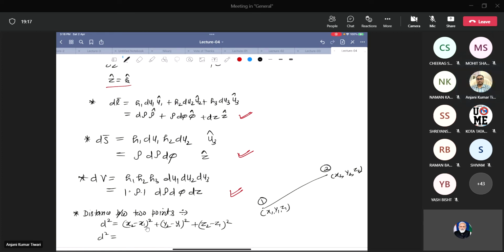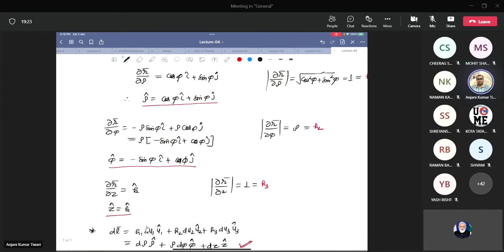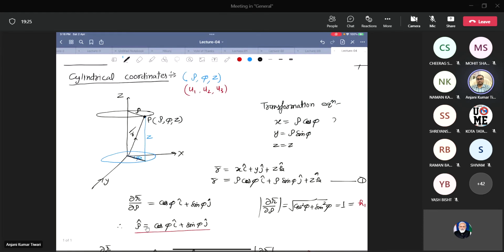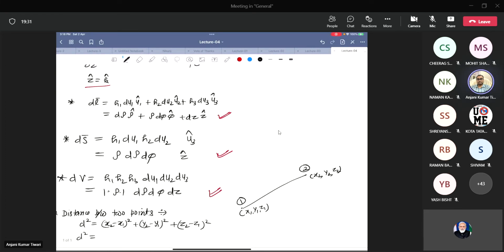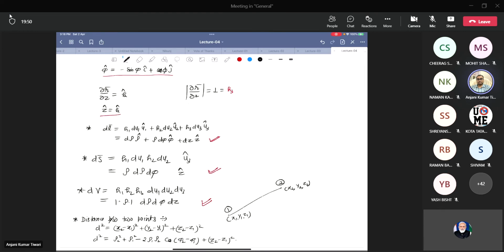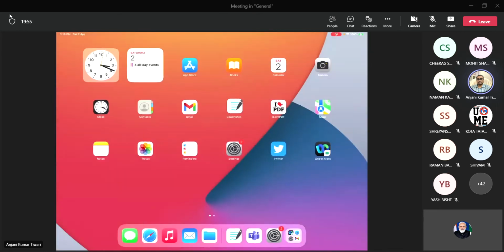Because we have the transformation equations now, we know the values of x, y, z, so you can just plug them in. You will get d square equal to rho2 square plus rho1 square minus 2 rho1 rho2 cos of phi2 minus phi1 plus z2 minus z1 whole square. You can check this. It's very simple algebra. If you have any question about this, you can ask.